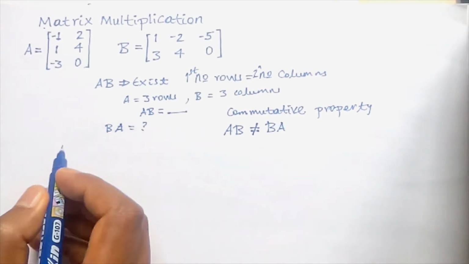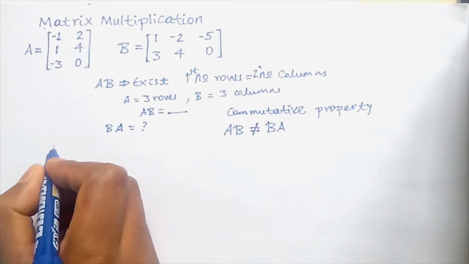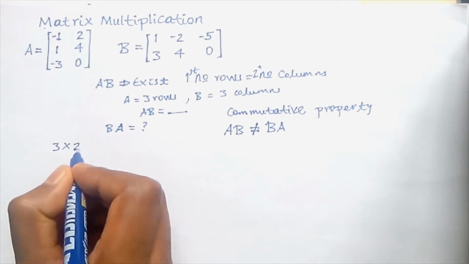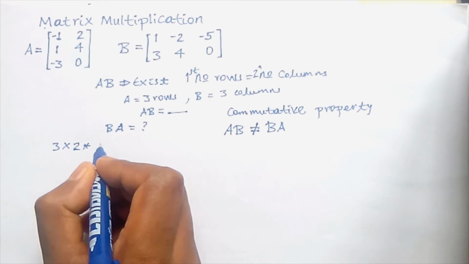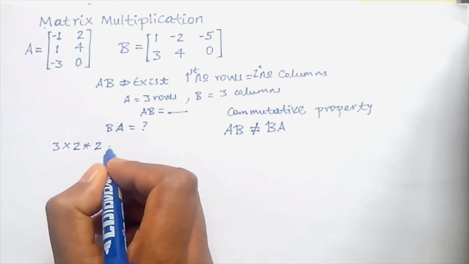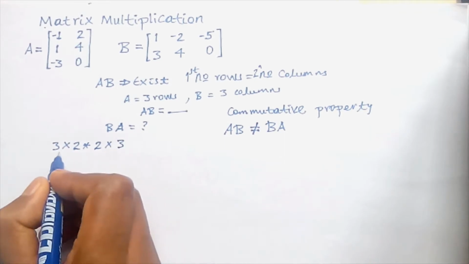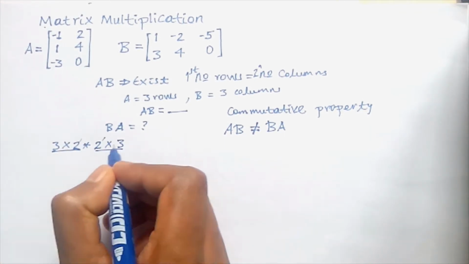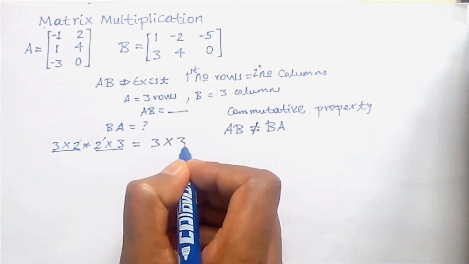So if A is 3 rows by 2 columns times B, which is 2 rows by 3 columns. So here is A and here is B. So the value will be a 3 by 3 matrix.